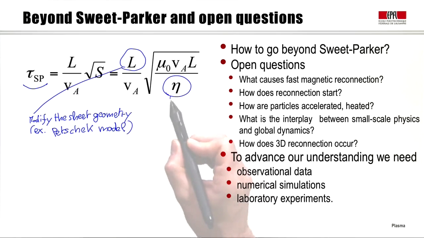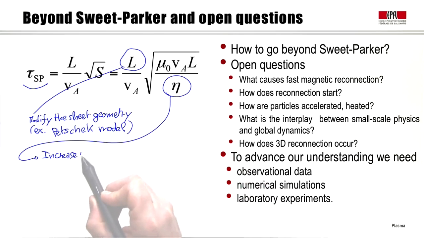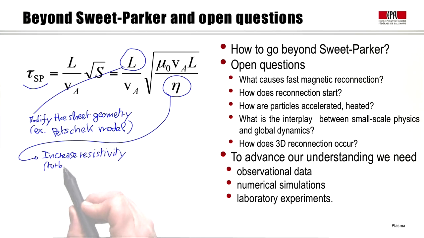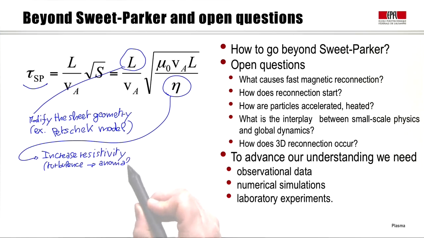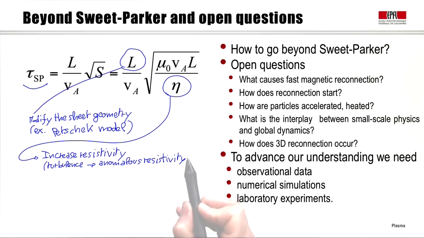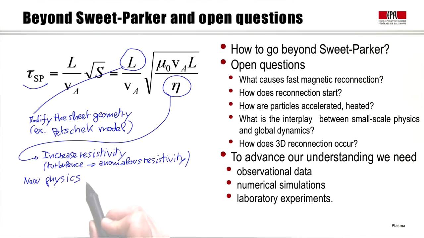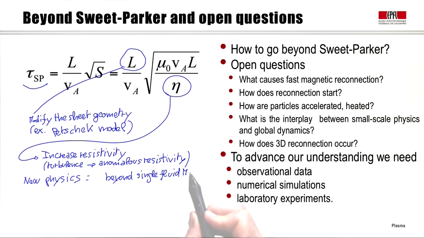Or we could, for example, increase the resistivity by introducing turbulence, which may give rise to anomalous resistivity. Or we could introduce new physics into our model by going beyond single-fluid MHD, or by introducing three-dimensional physics. All these ways are the subject of intensive studies in the scientific community.